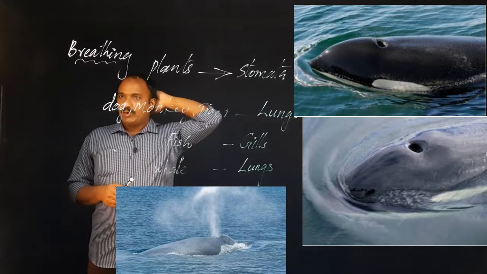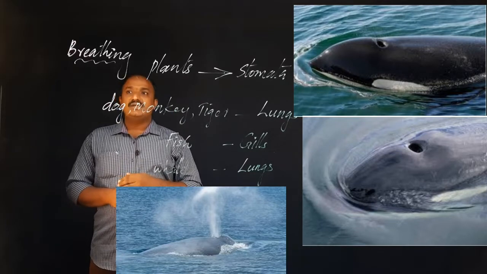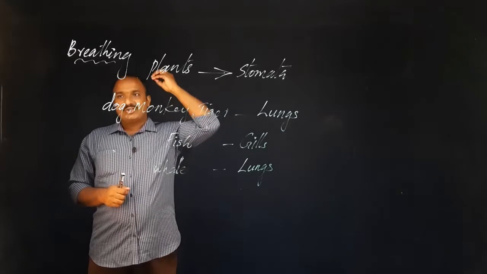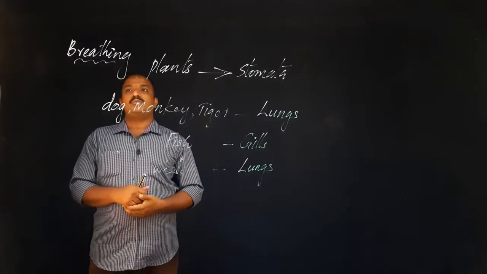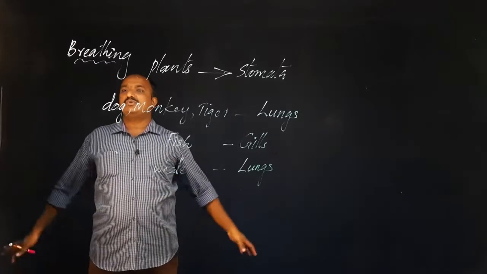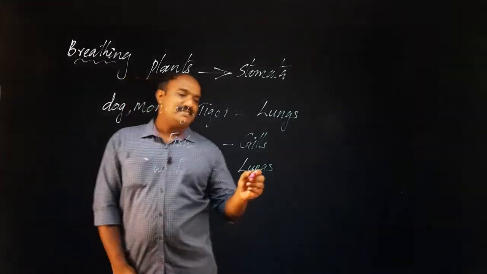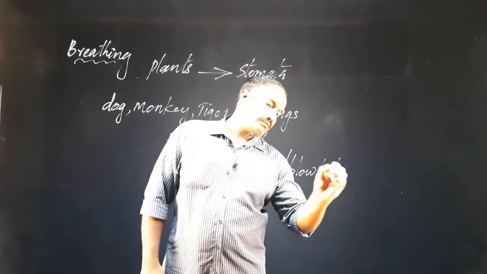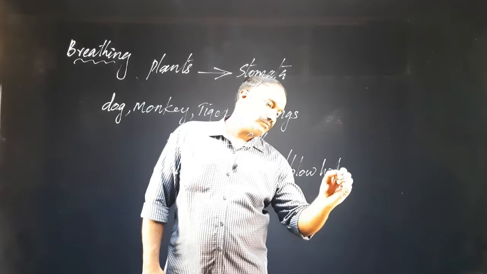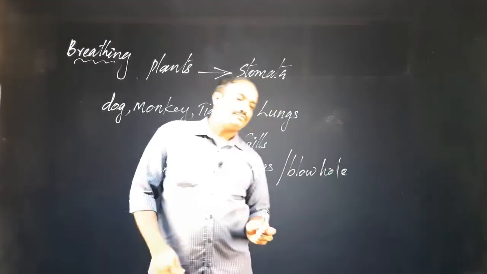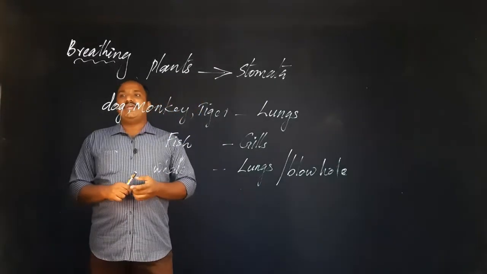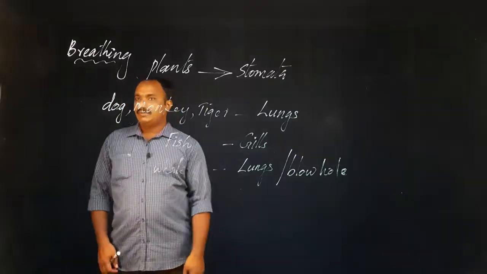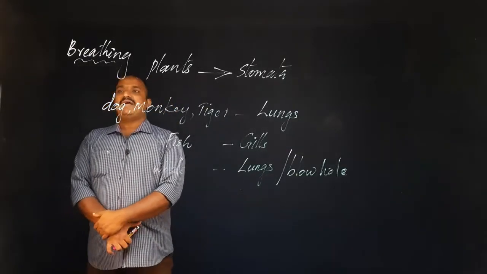When the whale comes to the top of the water, air enters its body through that hole and it breathes using that air. That hole on its head is called a blowhole. So the whale breathes through lungs with the help of what? Blowhole.